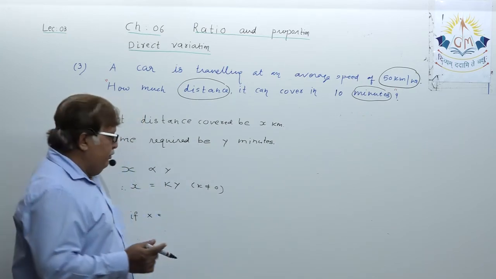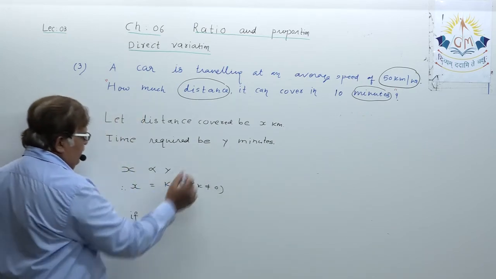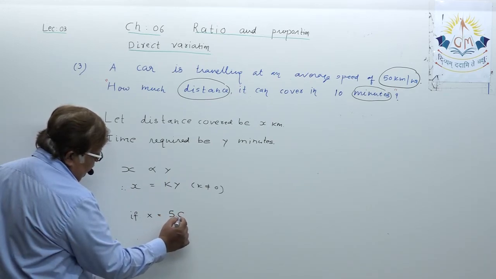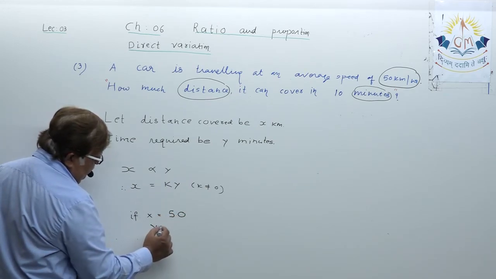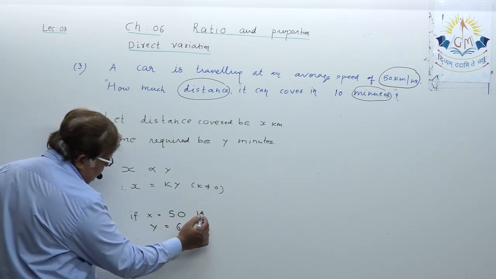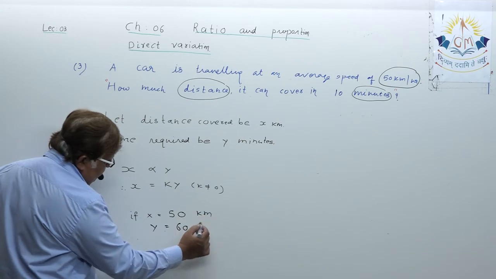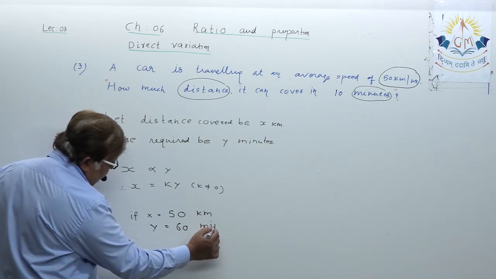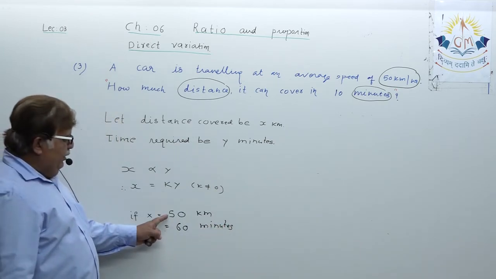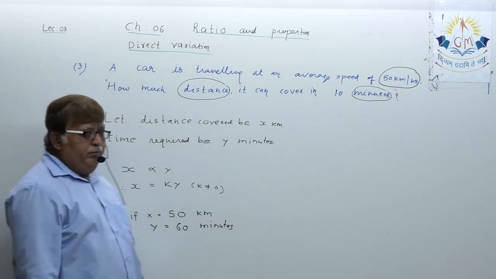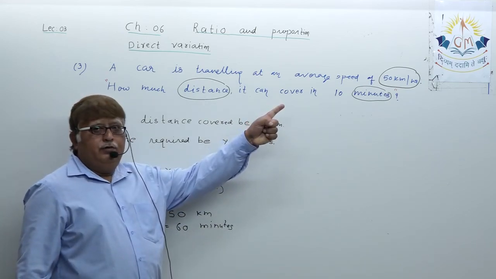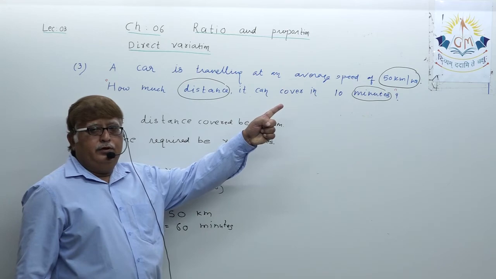1 hour means 60 minutes because here we have taken minutes. So I write x equal to 50, y equal to 60. To make it clearer for you, I am mentioning this 60 minutes so that I have got two physical quantities from one physical quantity.